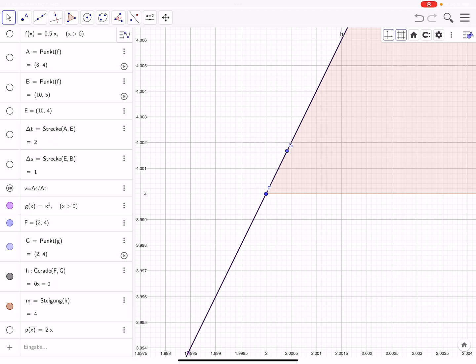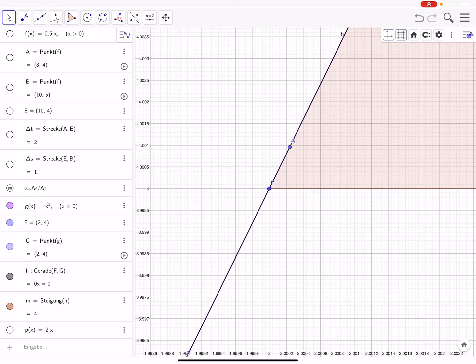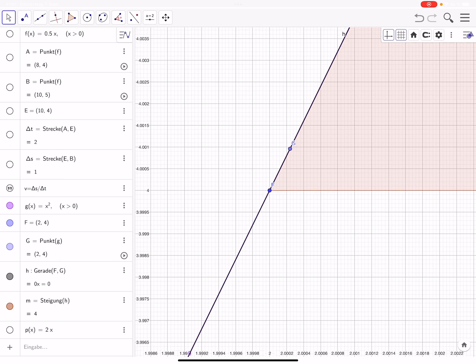So we move delta t towards 0, but it can't get to 0. But what we see here is that no matter how close we move point G to point F, the slope remains 4.